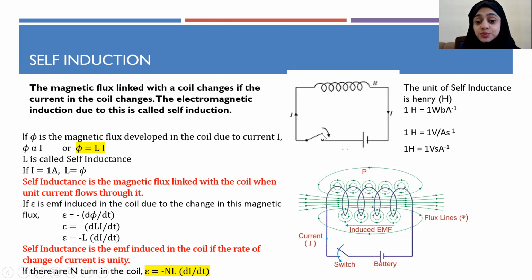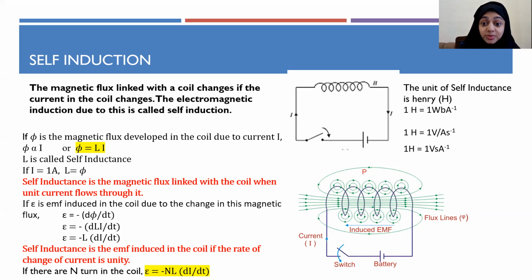Now when we switch on, what happens? The current slowly increases, say up to 3 amperes. So the current increases from 0 ampere to 3 ampere. And at that time, what happens?